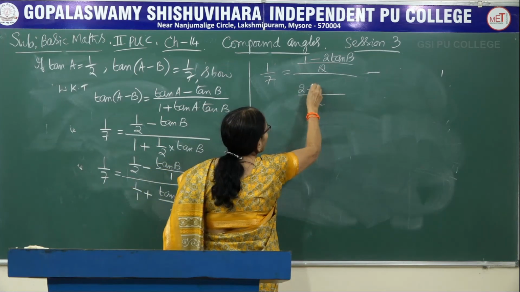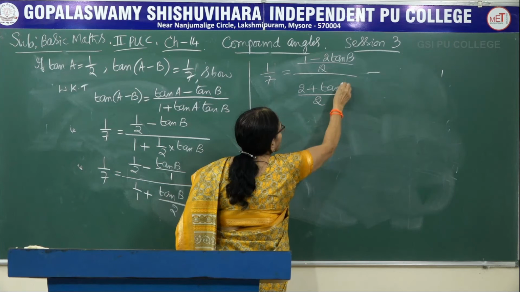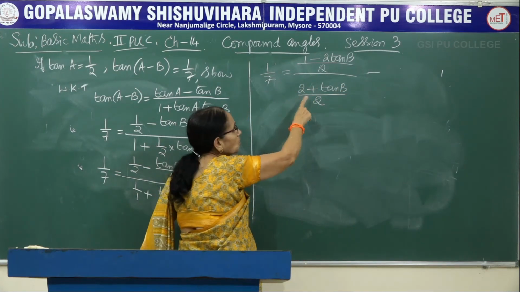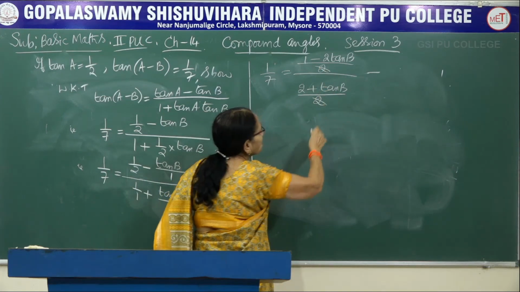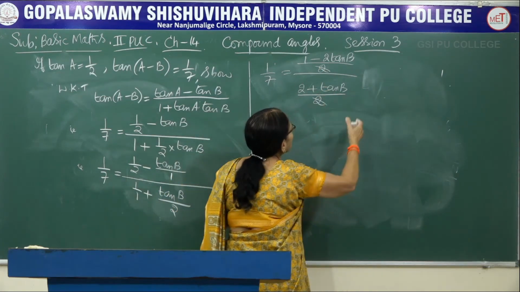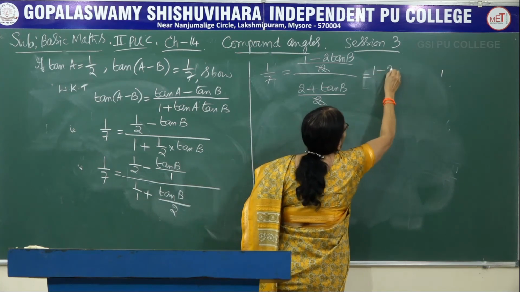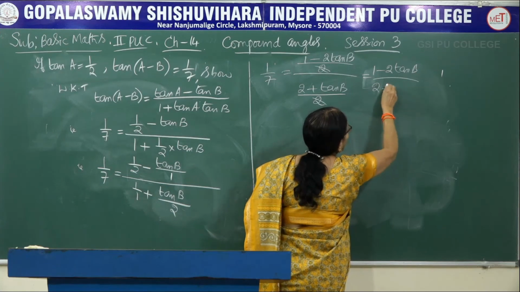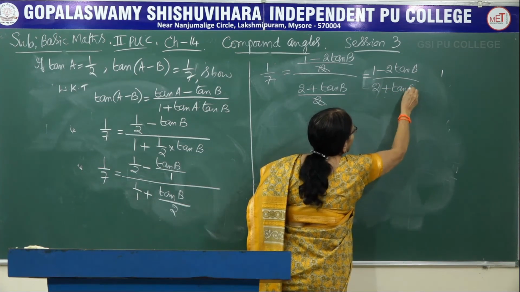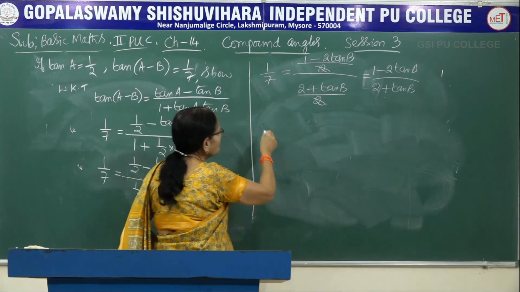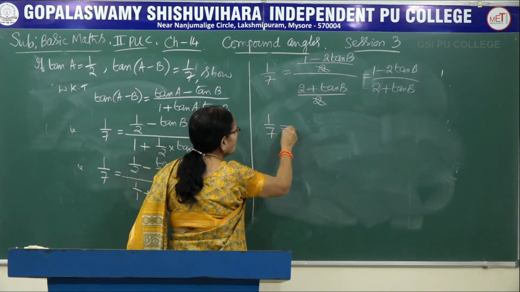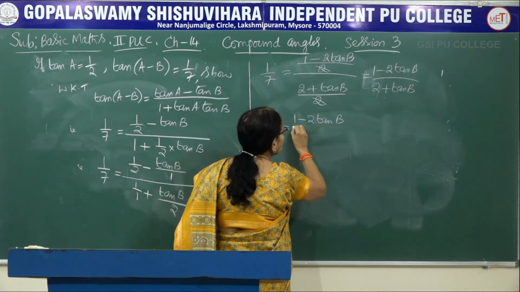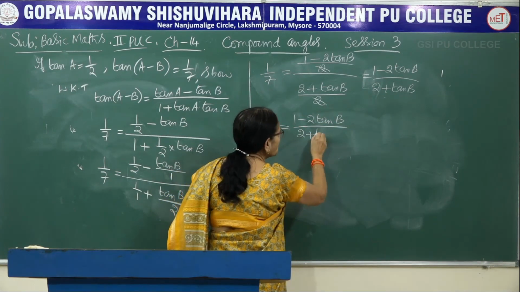It is 2 plus tan B. So there, 1 minus 2 tan B by 2, 2 plus tan B by 2. Cancel this 2. After cancellation, we are left with 1 minus 2 tan B divided by 2 plus tan B. That is 1 by 7 would be equal to 1 minus 2 tan B divided by 2 plus tan B.